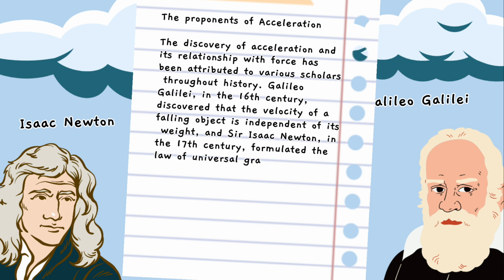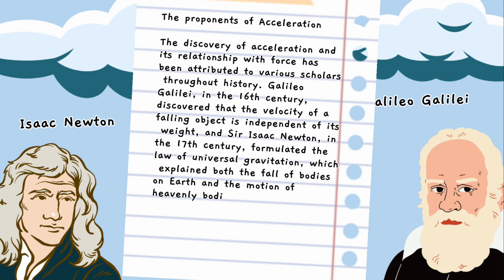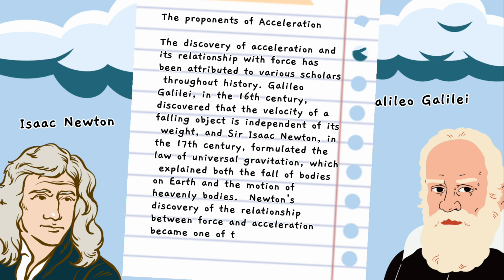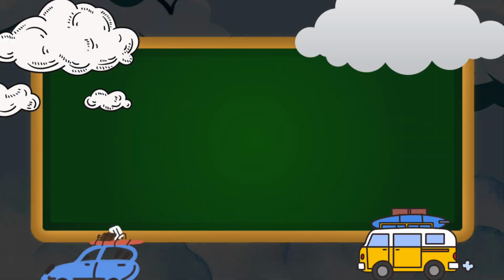And Sir Isaac Newton in the 17th century formulated the law of universal gravitation, which explained both the fall of bodies on Earth and the motion of heavenly bodies. Newton's discovery of the relationship between force and acceleration became one of the fundamental concepts in modern physics.